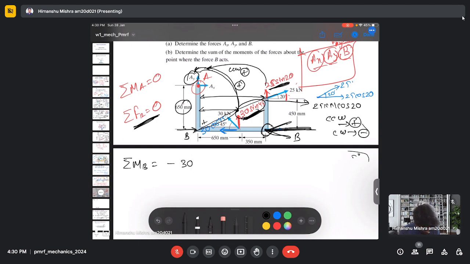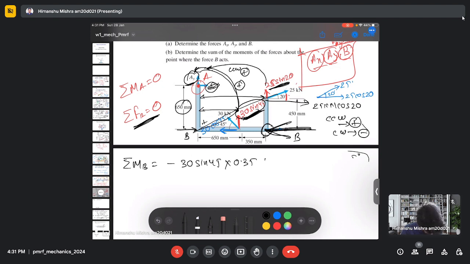So it will be 30 sine 45 multiplied by 0.35, and then not the AY, the AX will create the moment. No, sorry, I think it's both.